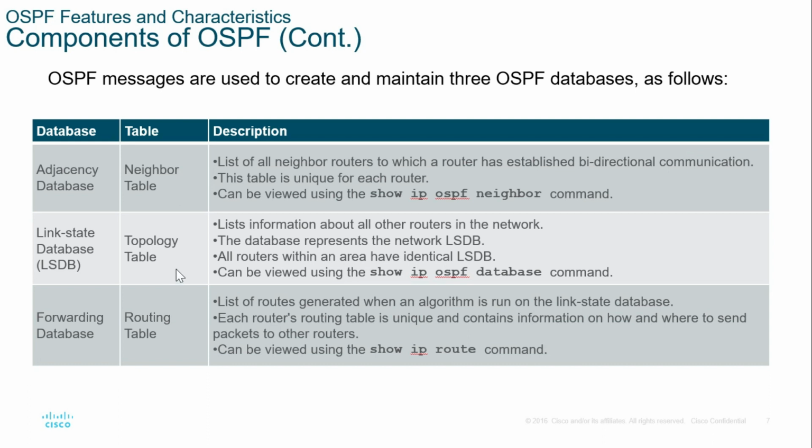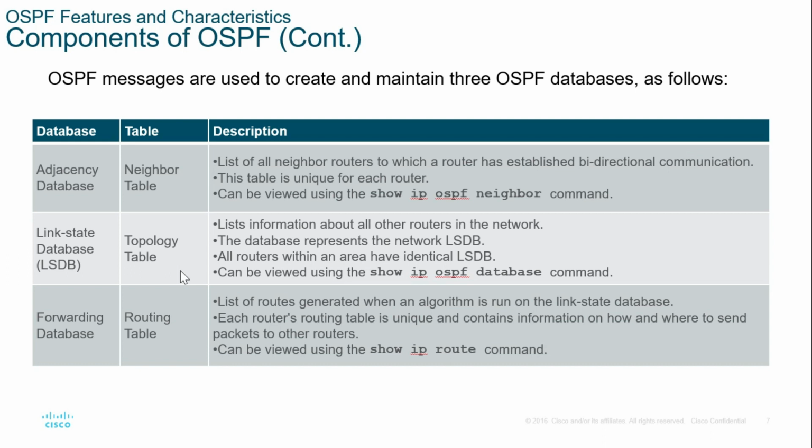Then we have the topology table. It means it will know all the possible paths of that particular AS. So in that AS, what are the possible paths to all the destination networks that exist. From here, it will use its algorithm.